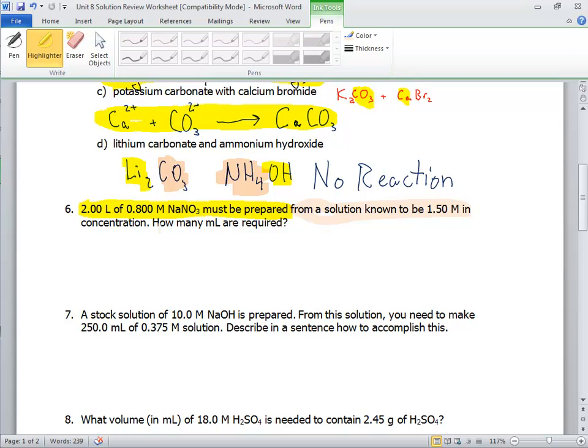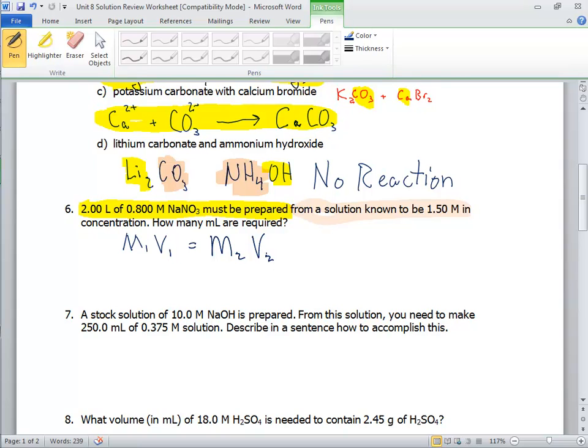So I think I know how to do this problem. This looks like a problem where we're diluting something. And if we're making a dilution, we are going to use our friend molarity 1 times volume 1 equals molarity 2 times volume 2. That's the equation we're going to use to solve this problem.